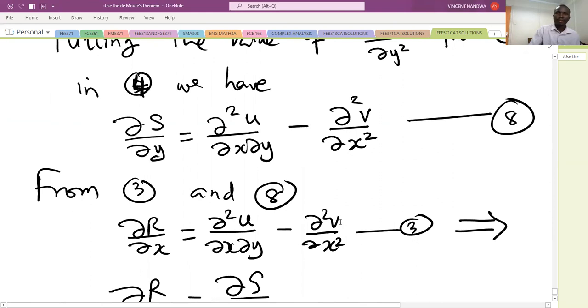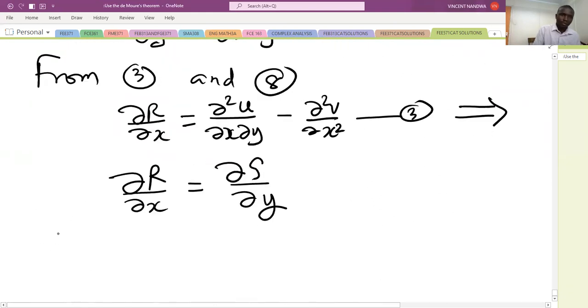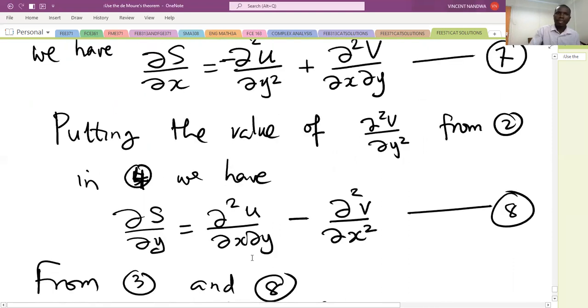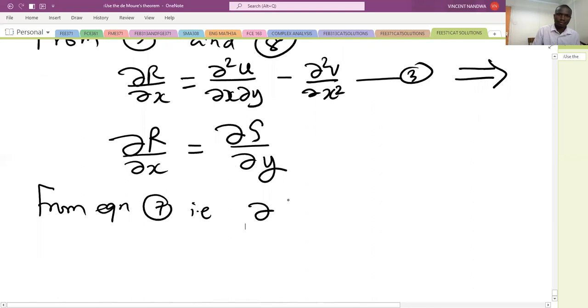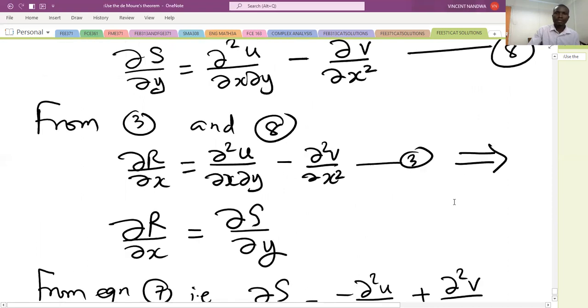And then equation 7 is ∂S/∂x, given by negative ∂²u/∂y² plus ∂²v/∂x∂y. This is our equation 7.